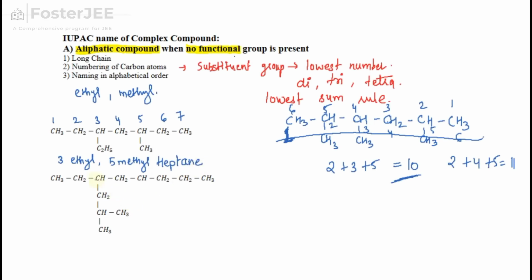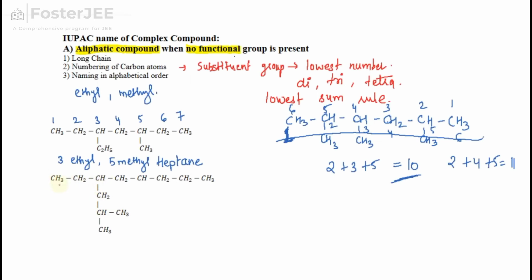Now similarly for this carbon chain. Here we can see that in this case one complex chain is present as a substituent group, so it is numbered differently. Here we can see that the substituent group is present at the third carbon.